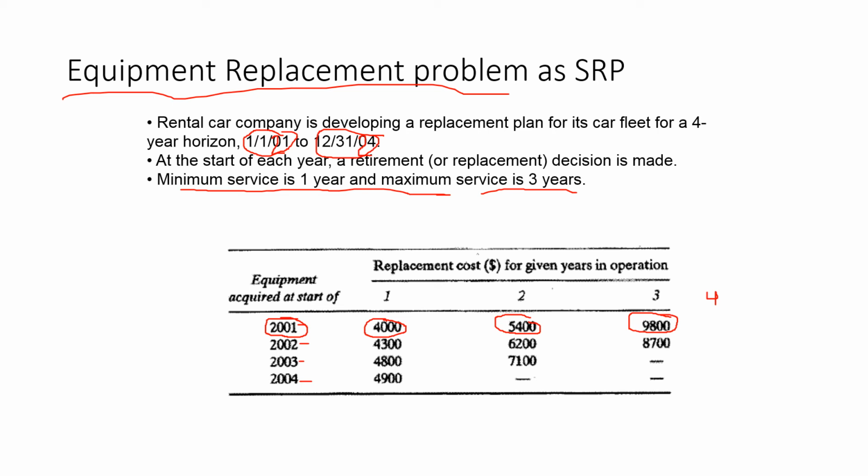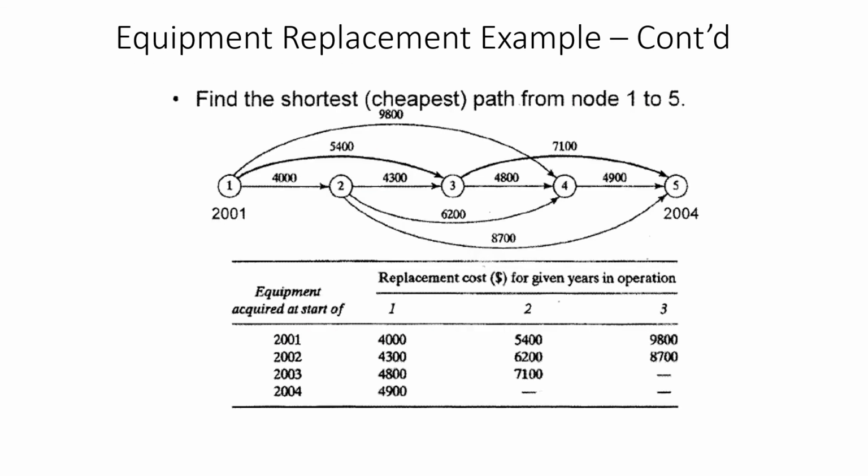So now the question is, what does this have to do with the shortest route problem? Basically I have to convert this table and this information into a network that looks like a shortest route network, and then solve it using Dijkstra's algorithm.